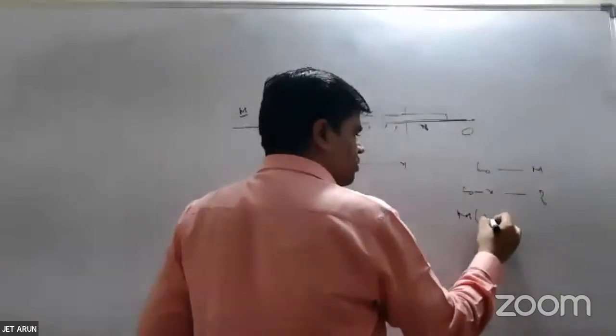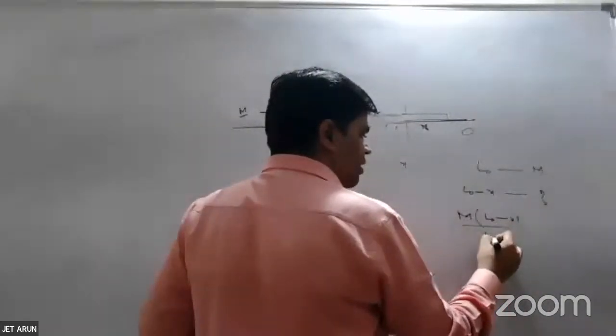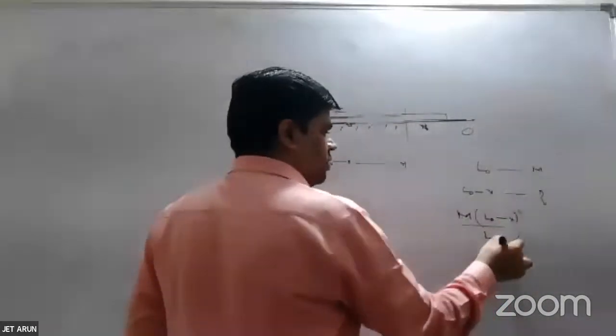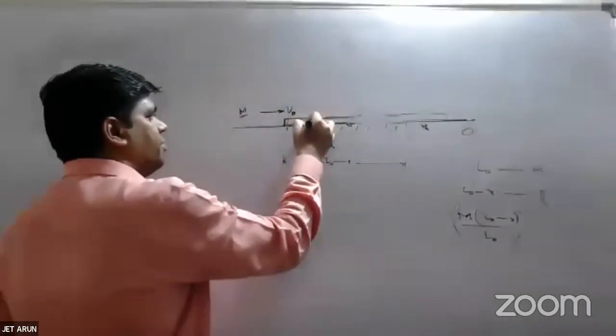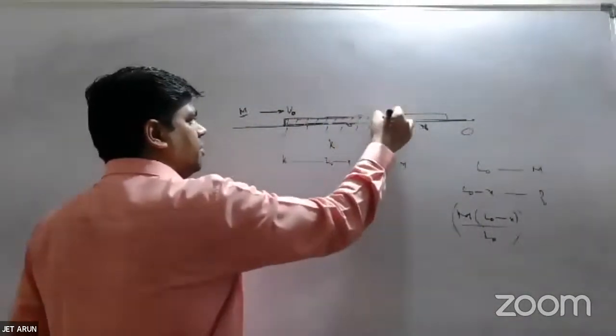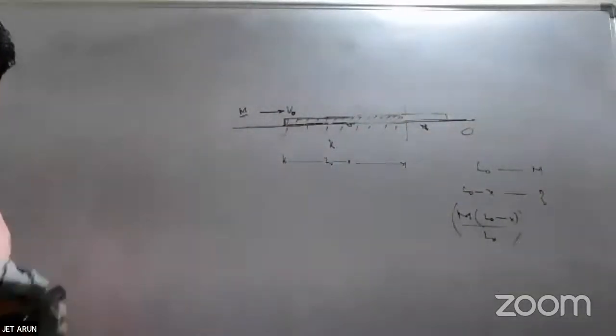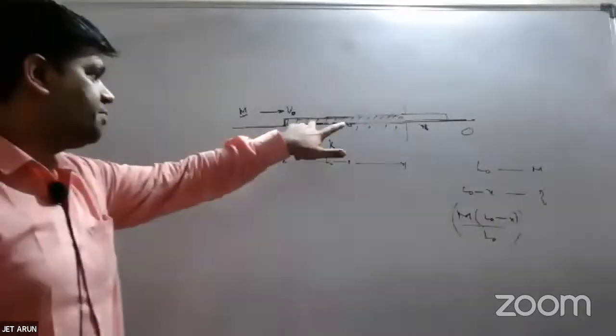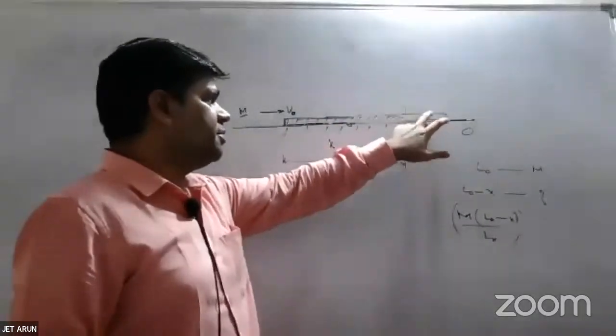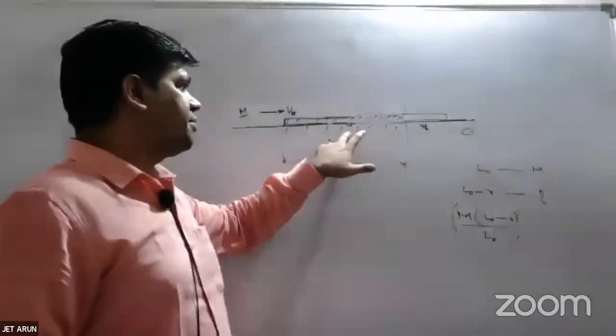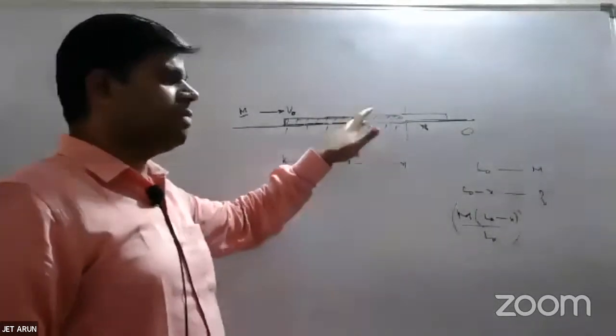M into L naught minus x by L. That's the mass of this part, which is lying on the frictional surface, because ultimately I want friction on this part. Here there is no friction. I want friction on this part. I'll write down frictional force is equal to mass into acceleration.